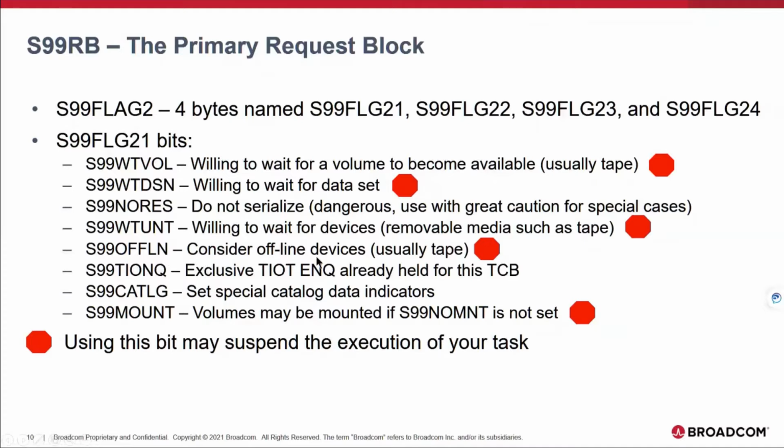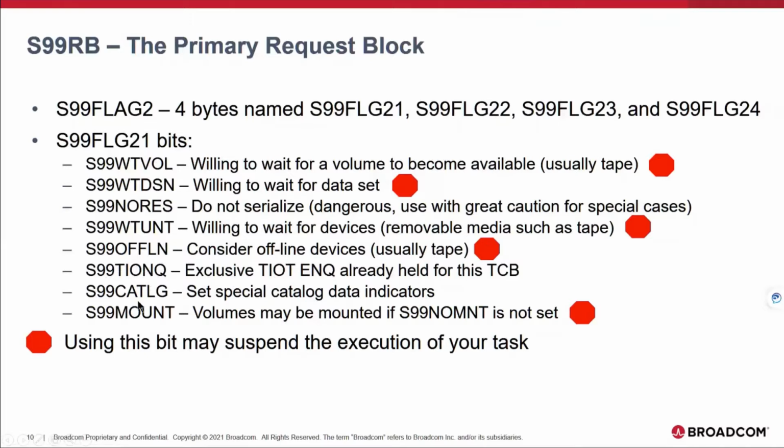Another flag says, consider offline devices. These would probably both be on at the same time. And again, it's typically tapes you're looking at, not disk. If you're a system resource or system service, you might already have the ENQ for the job step, and if you did, you would turn this on. Otherwise, you would not normally use this.